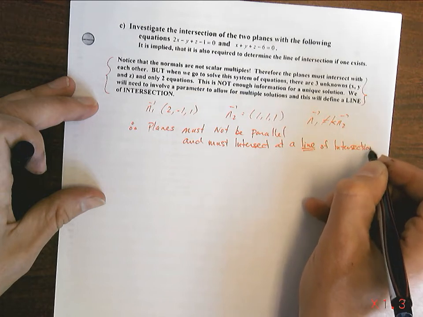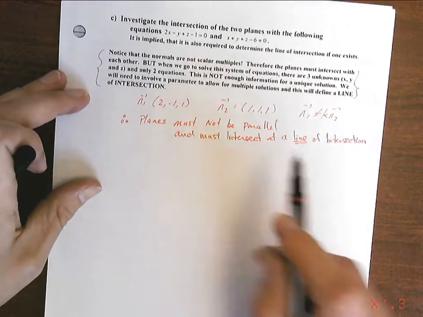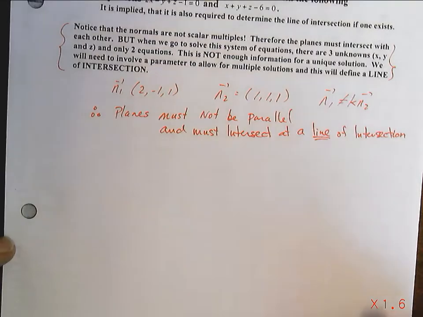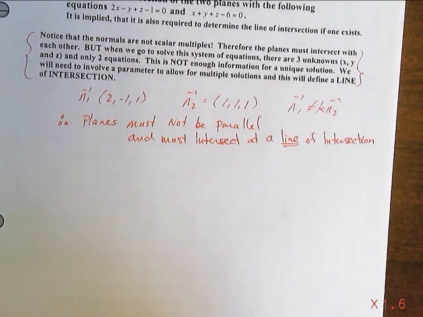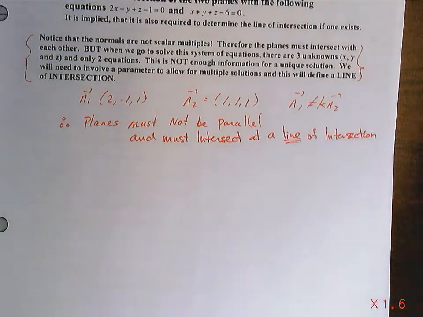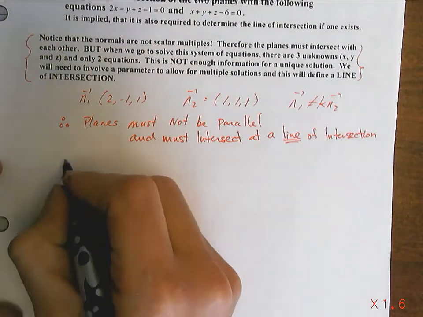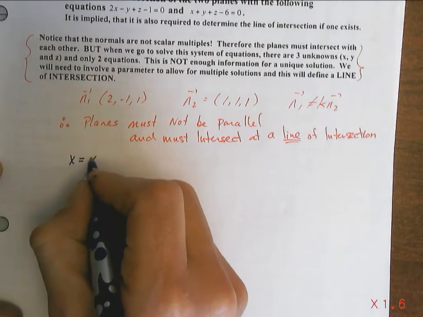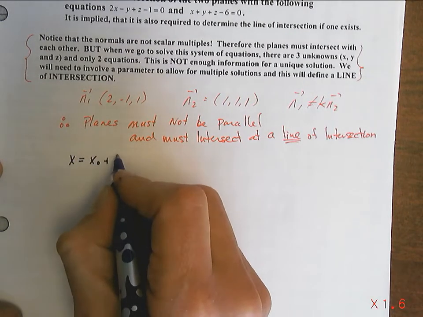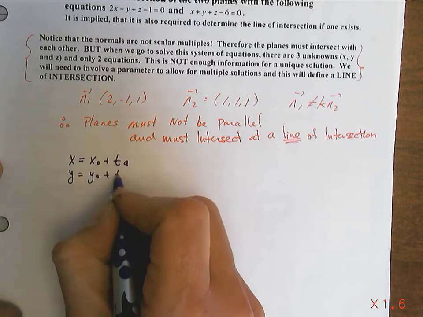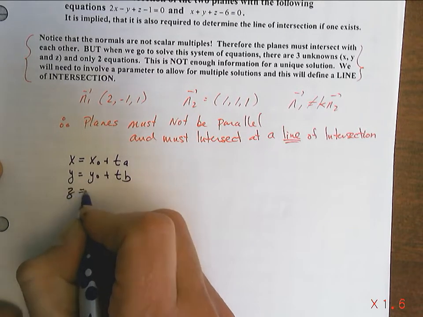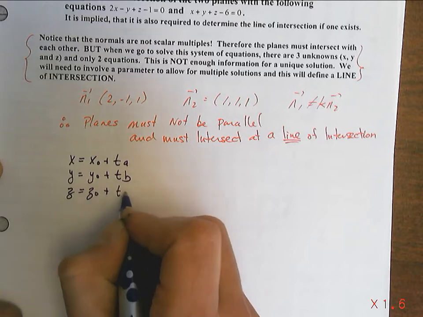And as we've discussed, this line of intersection is going to require us to have a parametric value introduced. We're used to lines being in parametric form so that they look something like this. We're going to be looking at x being x naught plus t times a, y being y naught plus t times b, and z equals z naught plus t times c.